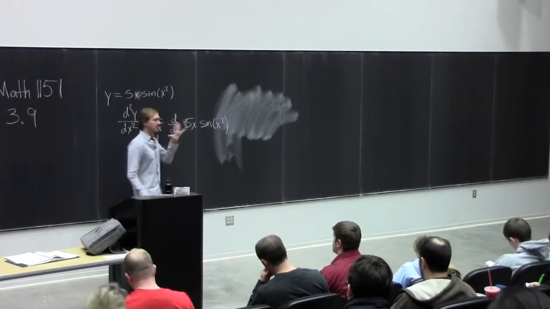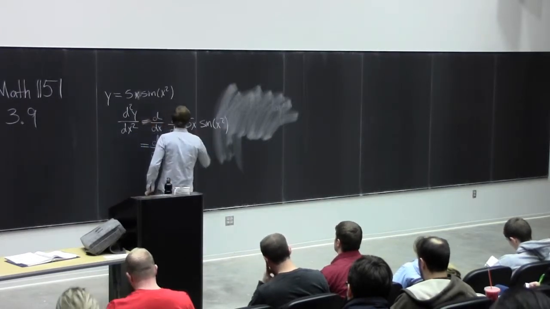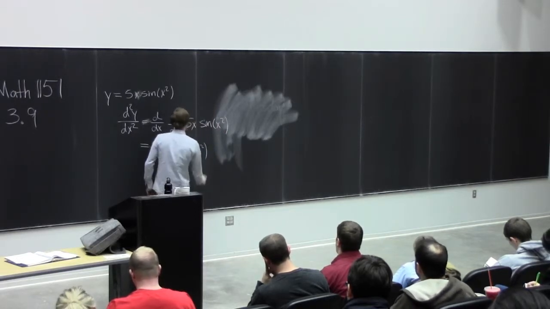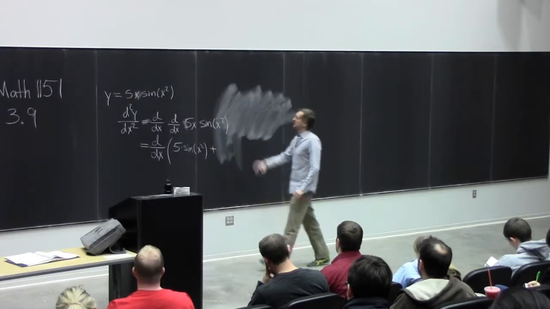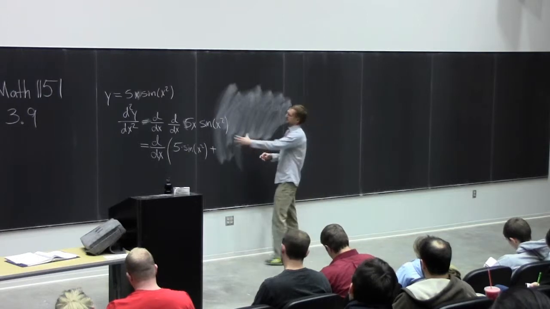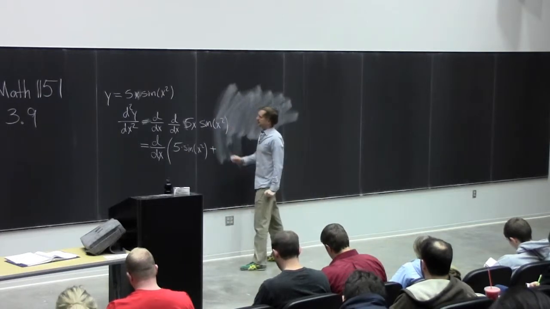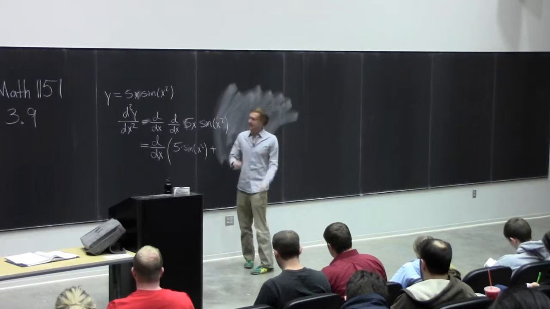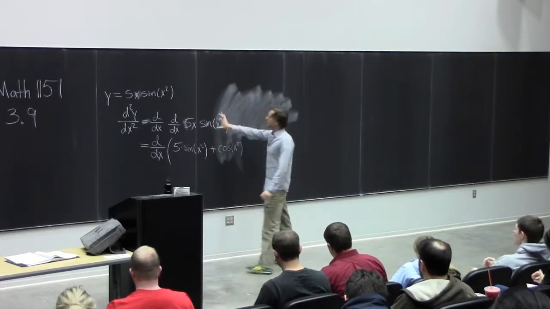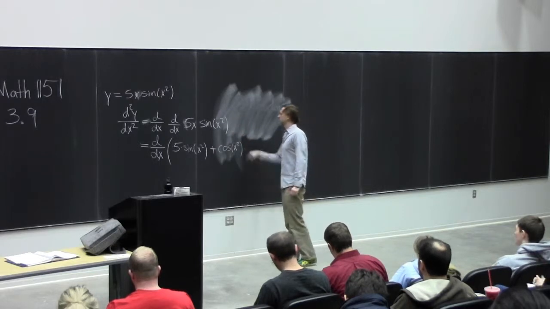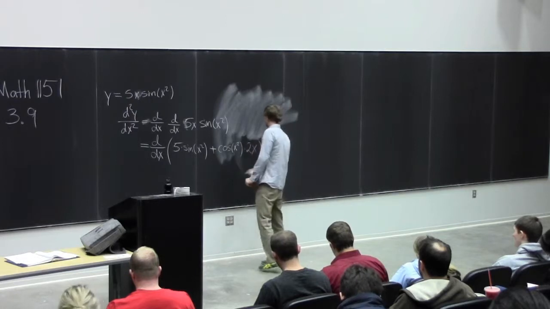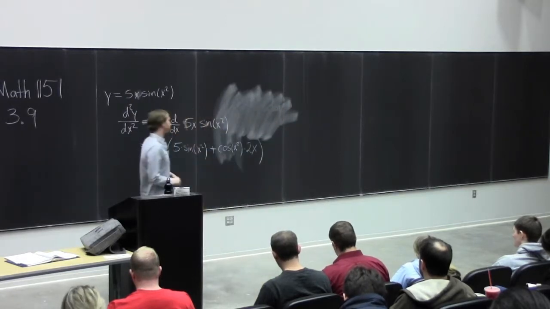That's going to be 5 times this thing times sine x squared plus, and now what we're going to do is take the derivative of this thing. The derivative of sine is cosine, cosine of x squared. And now I'm using the chain rule. I have to multiply by the thing on the inside, so that's going to be 2x. Outstanding. That looks great.